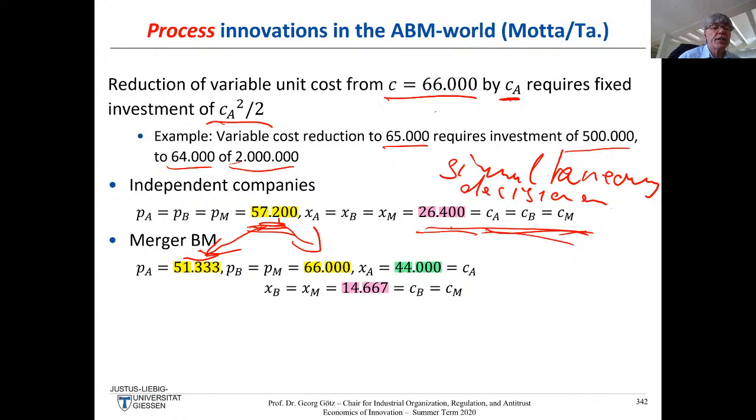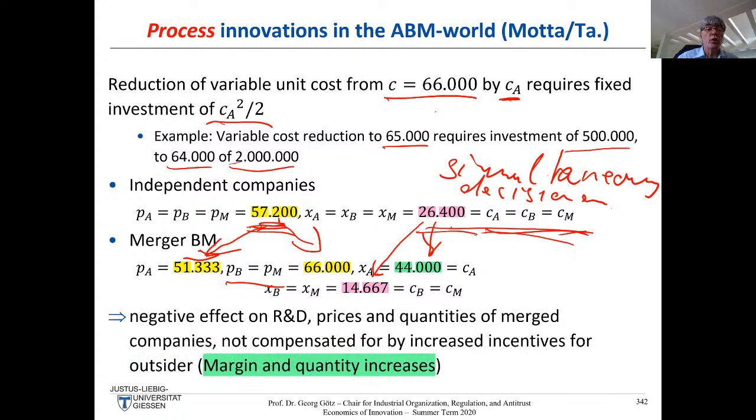The price of the joint company, PB and PM, so both BMWs and Mercedes become more expensive. And what you also see is Audi can increase its market share a lot and its quantity, whereas Daimler and Mercedes just reduce it.